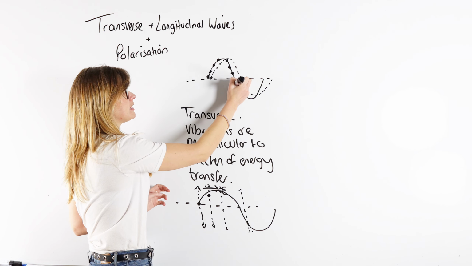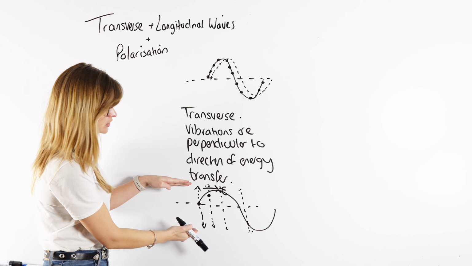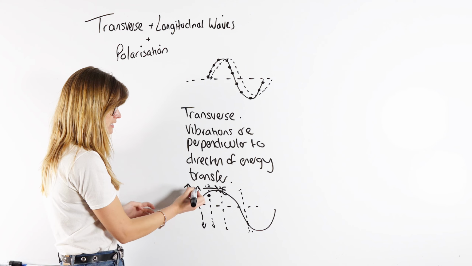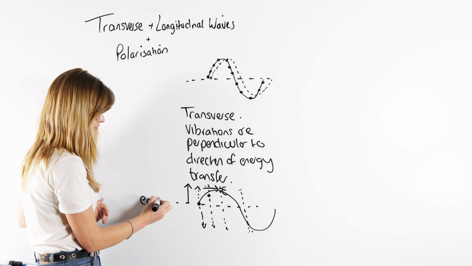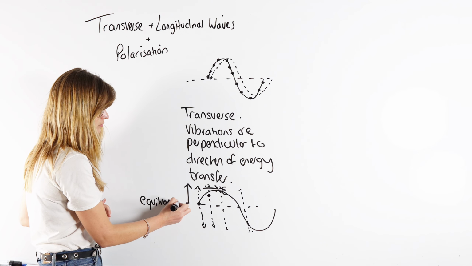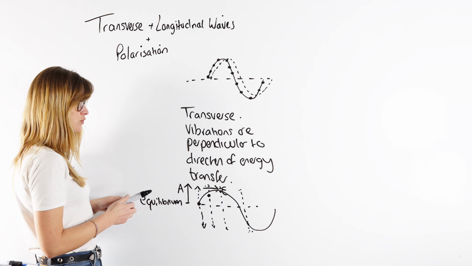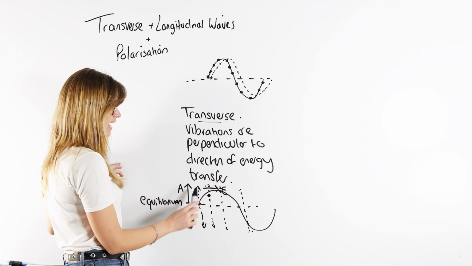And we know that the particles vibrate or oscillate perpendicular to the direction of energy transfer. And then remember the maximum displacement they can get from that equilibrium line. So this is my equilibrium. The maximum displacement they get from the equilibrium is called the amplitude. Okay, so we can see that every single particle in this transverse wave has the same amplitude.